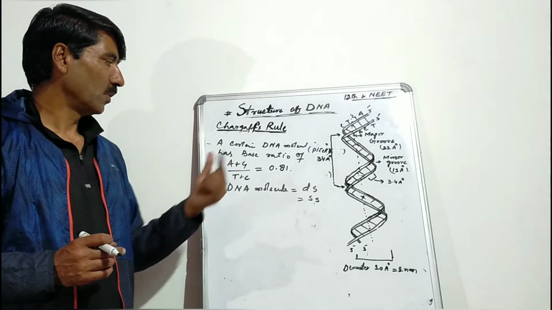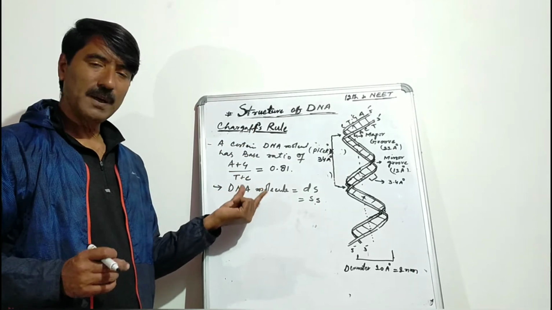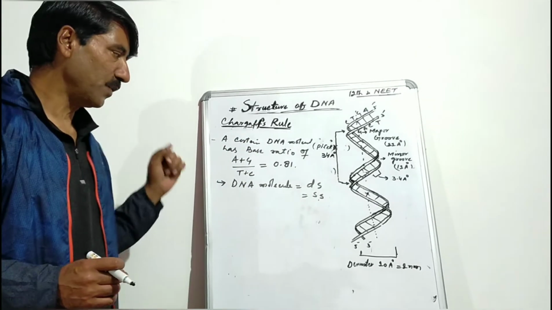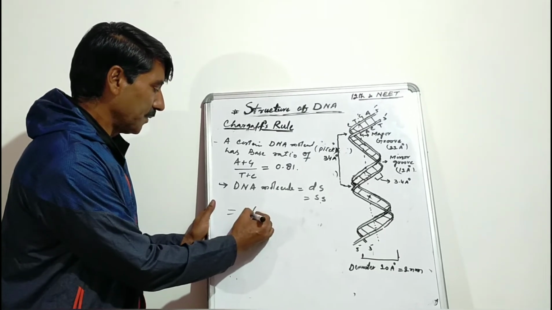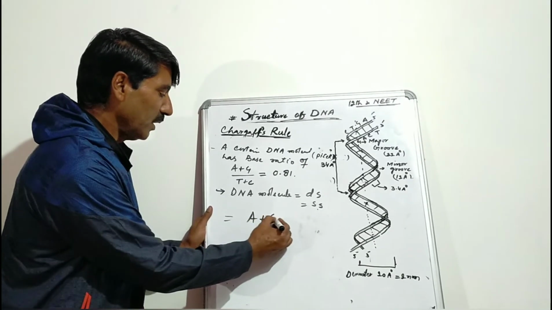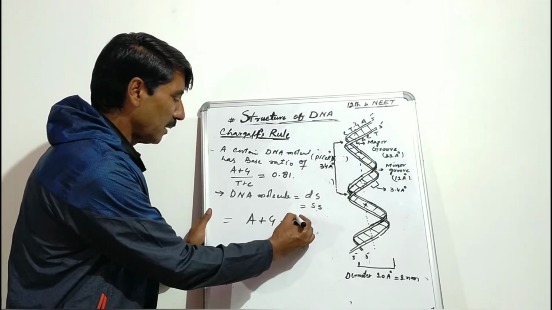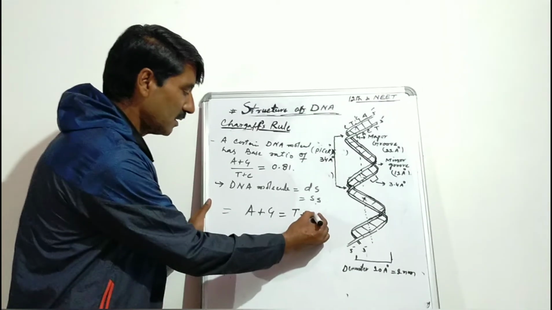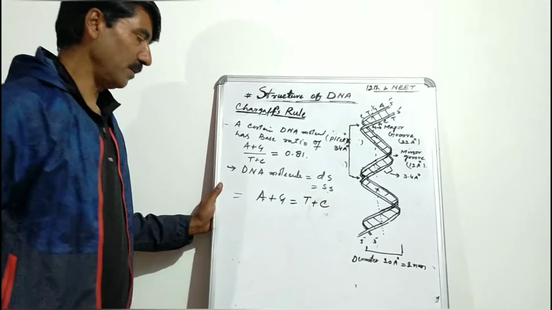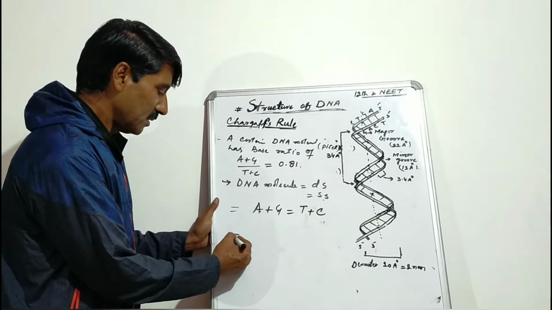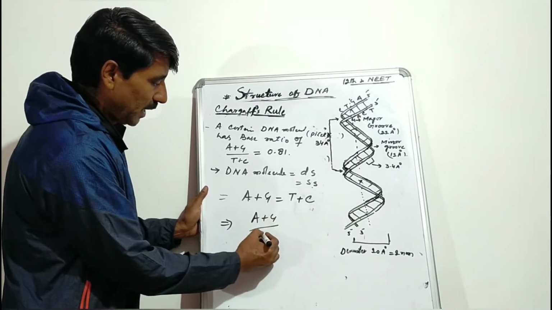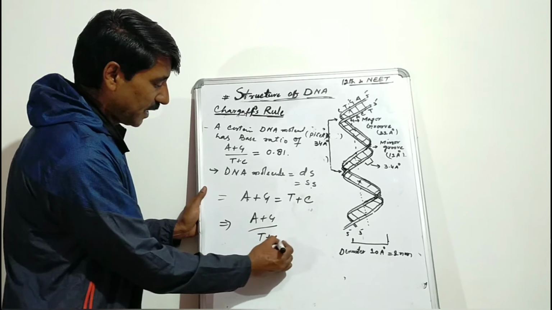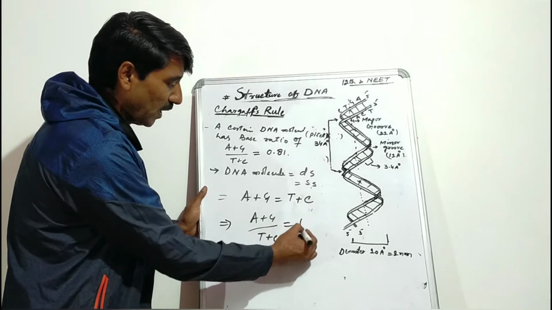तो इसको भी हम चरगॉफस रूल के आधार पर कर सकते हैं इजीली। एज वी नो द चरगॉफस रूल सेज दैट द अमाउंट ऑफ प्यूरिन्स इज इक्वल टू the amount of pyrimidines, that is A plus G is equal to T plus C, which implies A plus G by T plus C, that is the ratio is equal to 1.